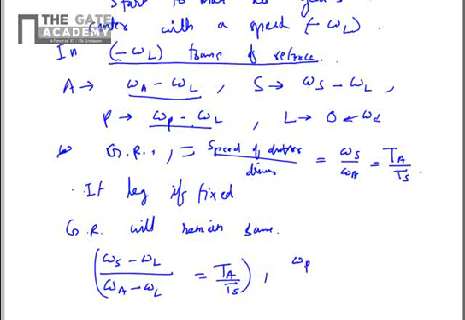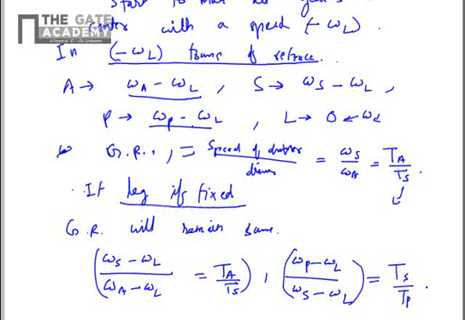And similarly for the planet, it will be omega P minus omega L divided by omega S minus omega L, or the annulus; anyone can be driver, anyone can be driven. This is a general method, and it is equal to Ts by Tp. So Ts by Tp is the gear ratio in the case the leg is fixed.